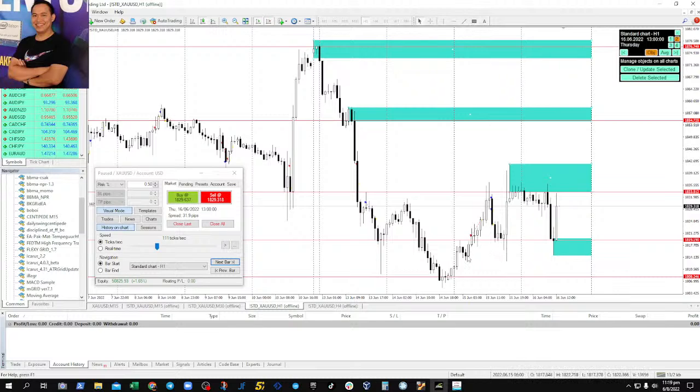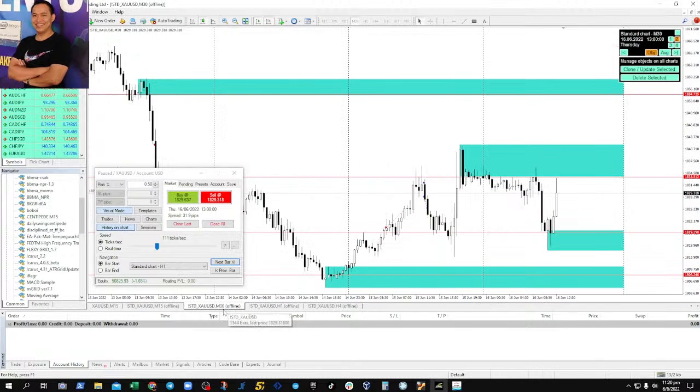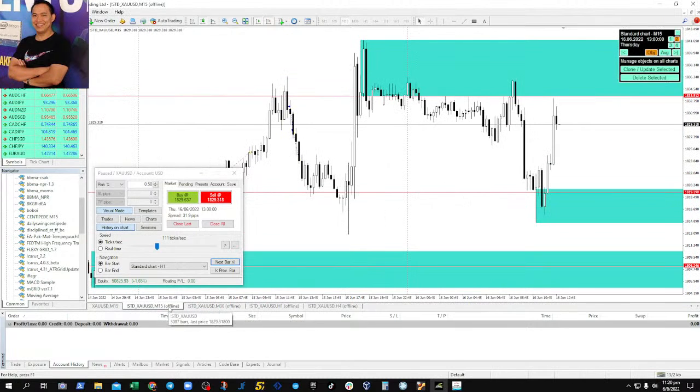Then another demand zone down here. Clone update selected. Okay. Now we go to M30 and M15 to look for entry.